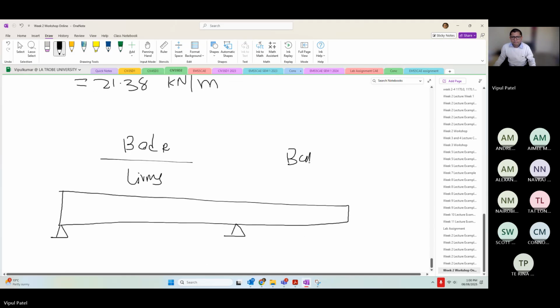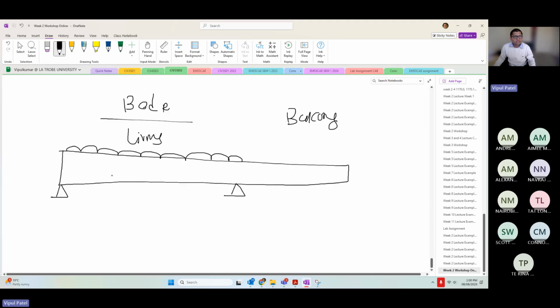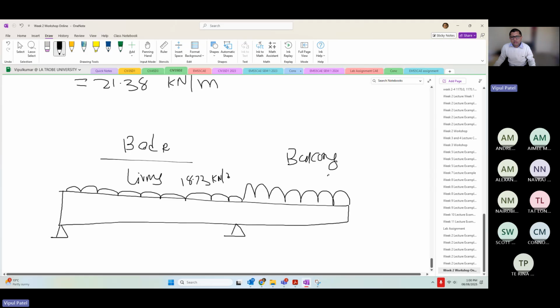All right, so here your living and bedrooms and all load combinations will give you 18.73 kilonewton per meter. And balcony, the party, when you throw the party, then you have 21.38 kilonewton per meter.